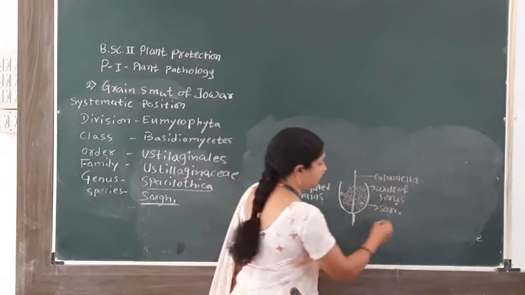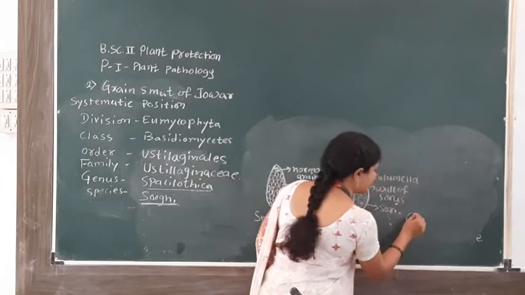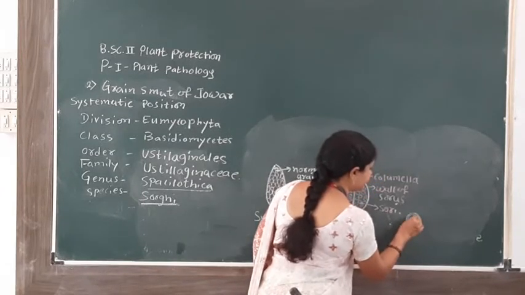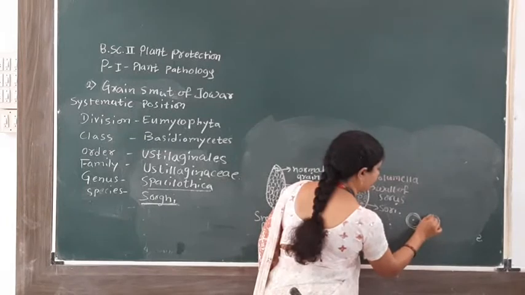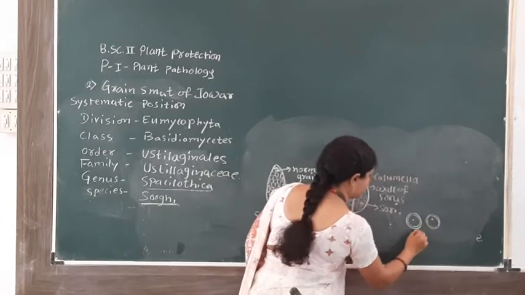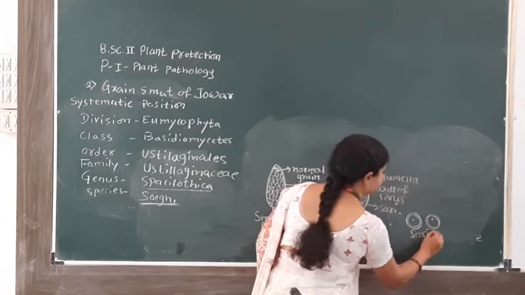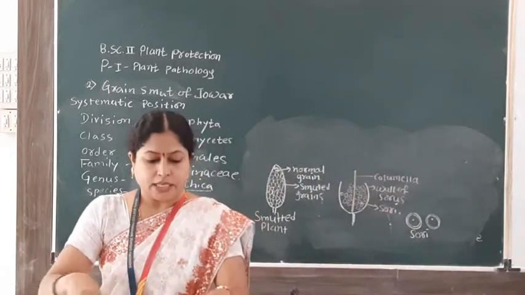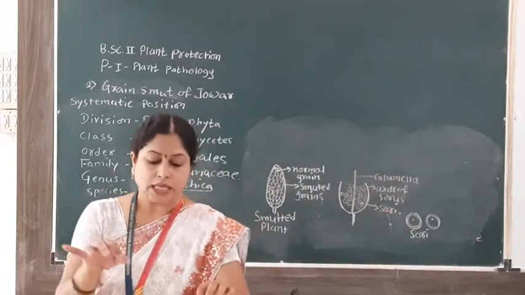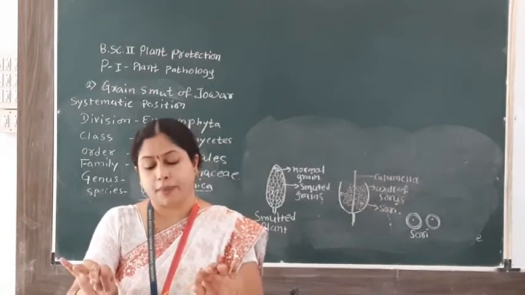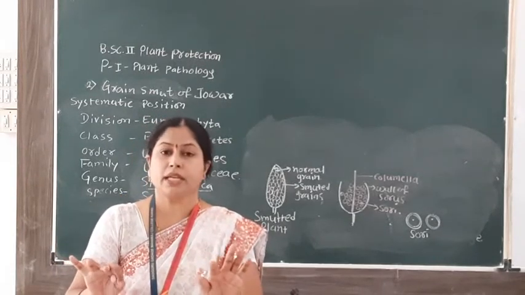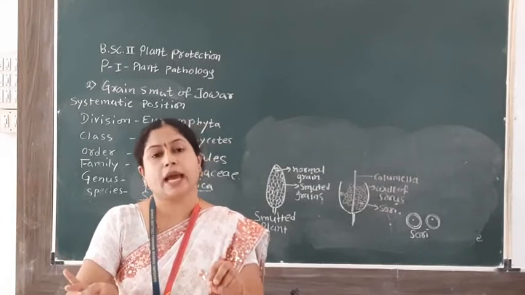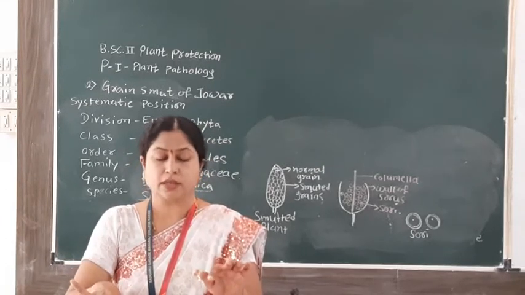These spores are round and blackish in color. This is the structure of the sorus. Here sometimes the ear head is only partially smutted and the remaining grains behave as normal grains.